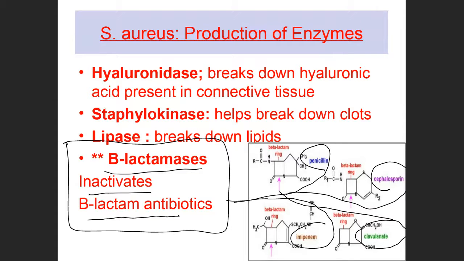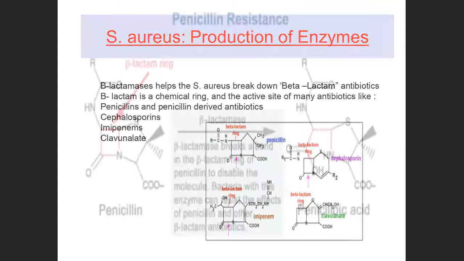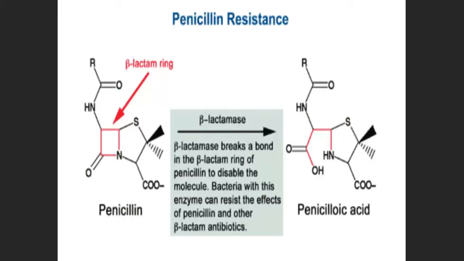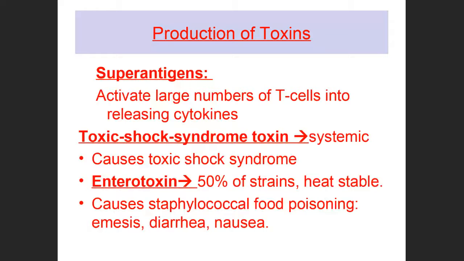So that's what makes these bacteria resistant to so many antibiotics, these beta-lactamases. And there is the beta-lactam ring destroyed by beta-lactamases. We mentioned leukocidins, which destroy white blood cells.